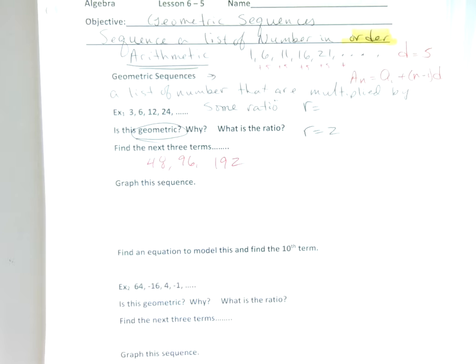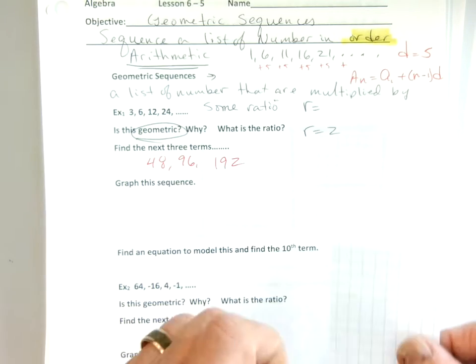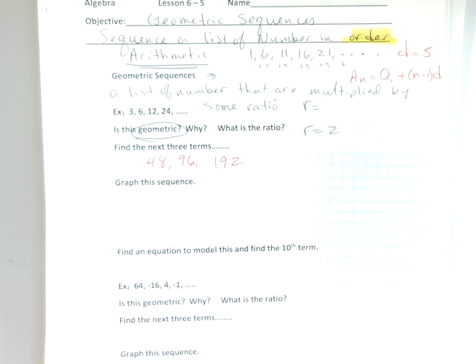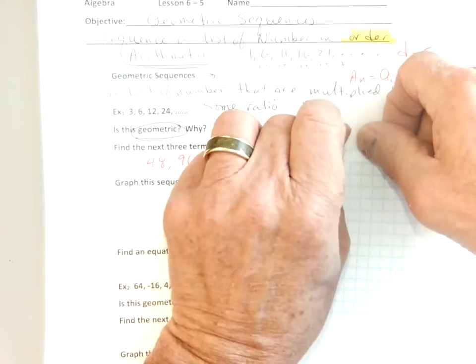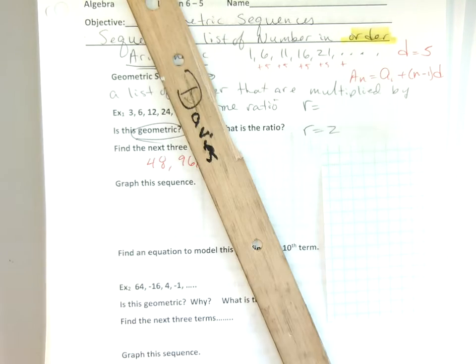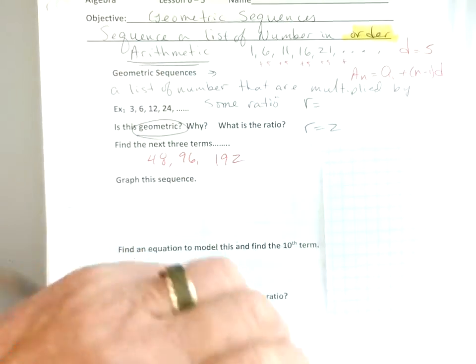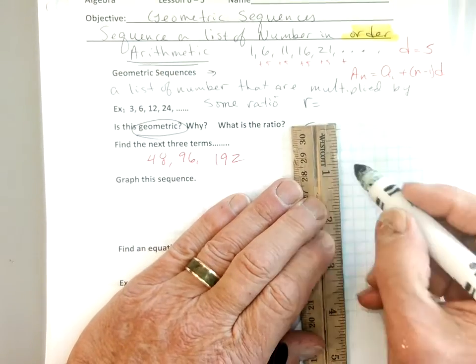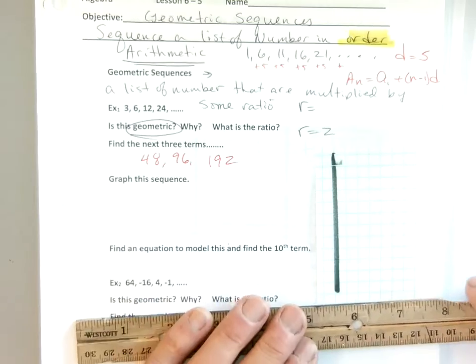Let's see what it looks like. Give me a second. I'm going to see if I can graph this. All right, I have my graph paper out. I'm going to put down my x and y axis.